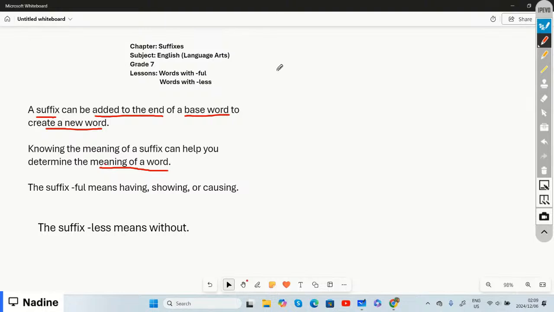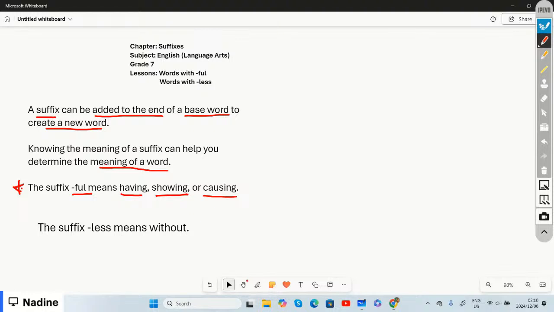And if we look at the first suffix, here we have the suffix full, which is F-U-L. The suffix full means having, showing, or causing.